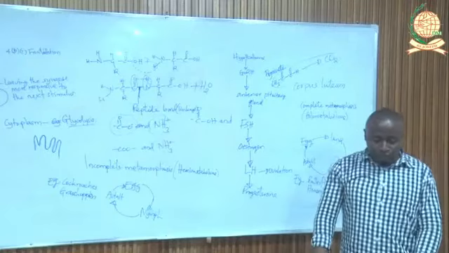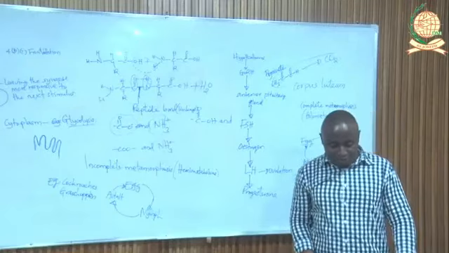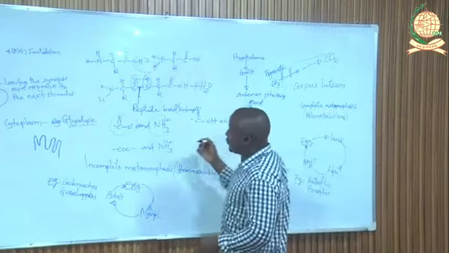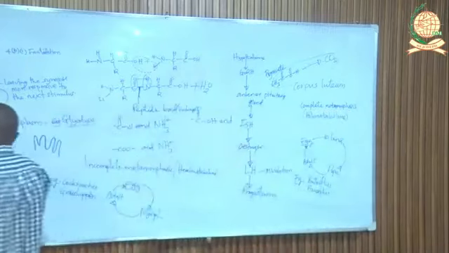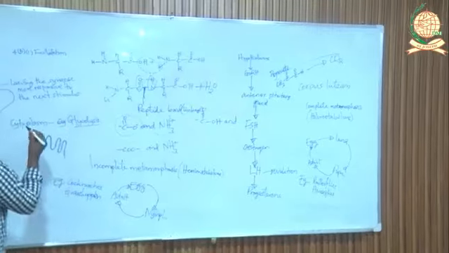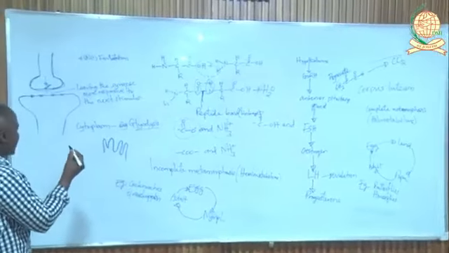It also provides the reducing power for the electron transport system. From the Krebs cycle, 1 turn of the Krebs cycle produces pairs of hydrogen.